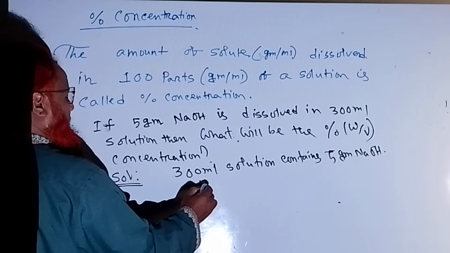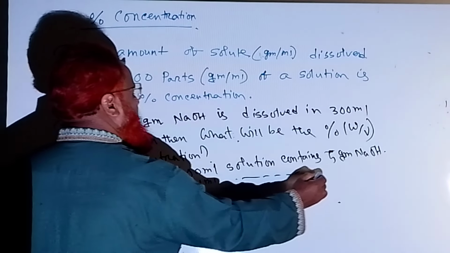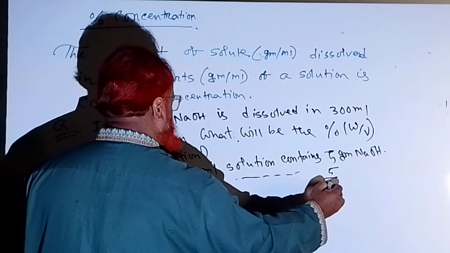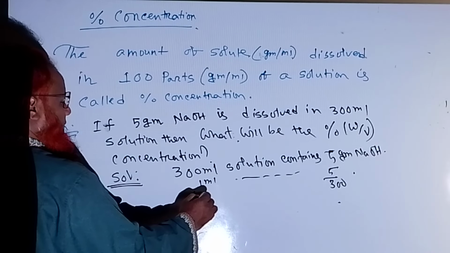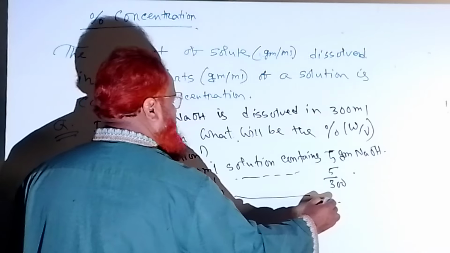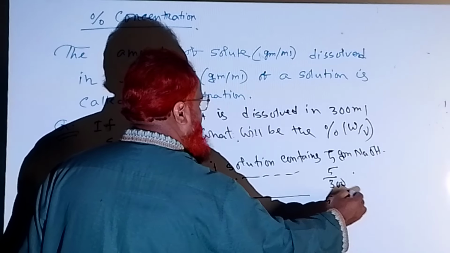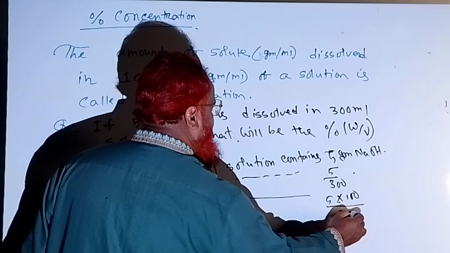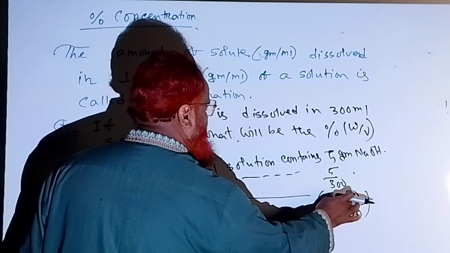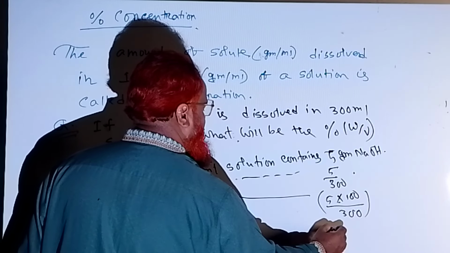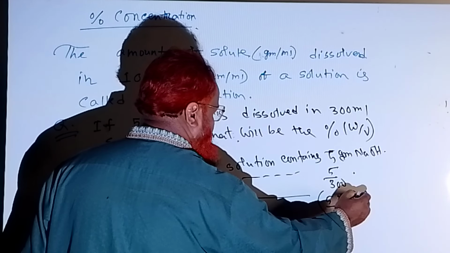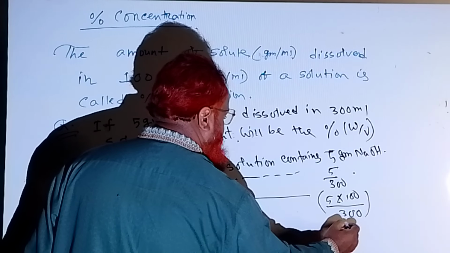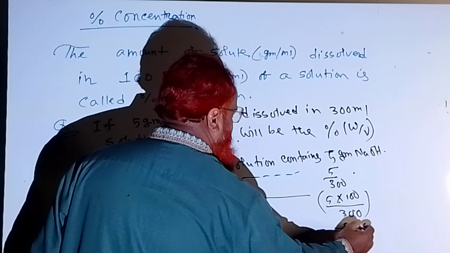So 1 ml solution contains 5 by 300. Now 100 ml contains 5 into 100, divided by 300. Here the result will be 5 by 3%, right? 5 by 3%.